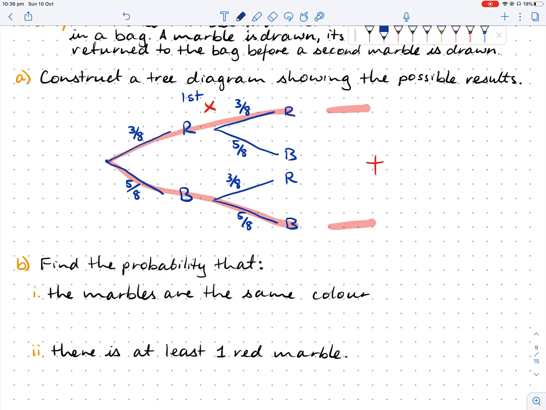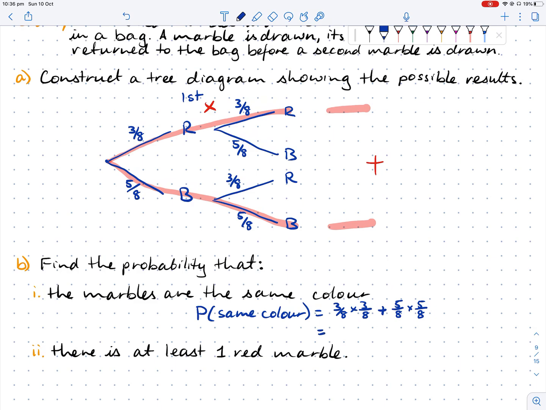So to work out the probability of the same color, we're going to look at the probability of getting the 2 reds, which is 3 out of 8 times 3 out of 8, and we're going to add it to the probability of getting 2 blues, which is 5 out of 8 times 5 out of 8.